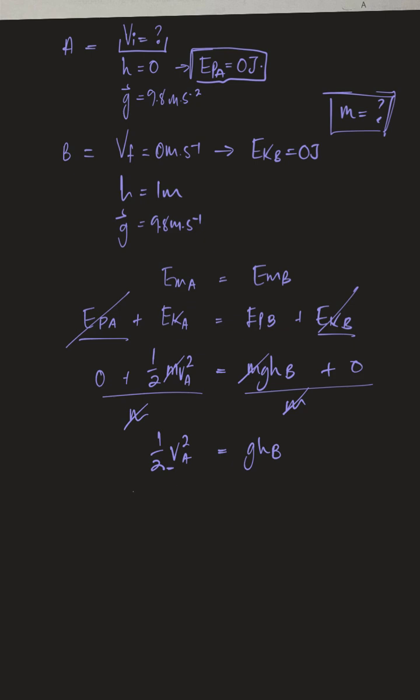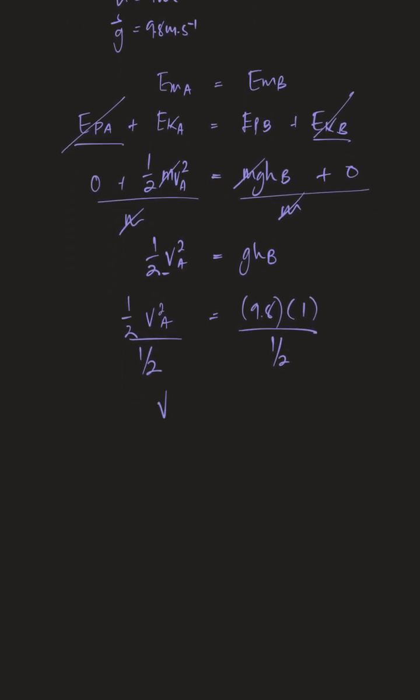Let's put in the information. I've got half V squared A is equal to 9.8 multiplied by 1. So I can divide that by half and divide this by a half. And what I'm left with is V squared A is equal to 9.8 divided by 0.5, which is going to give me 19.6. But remember, I just want the velocity, not the velocity squared.